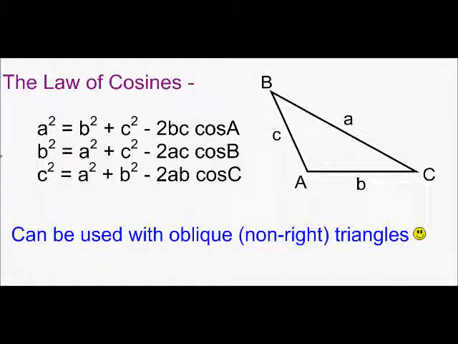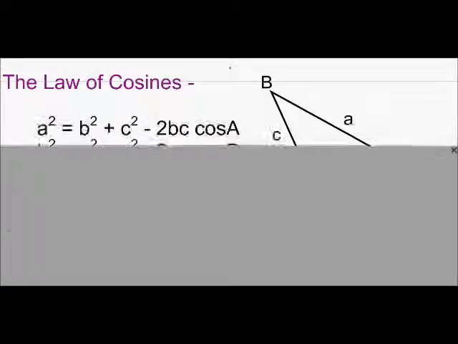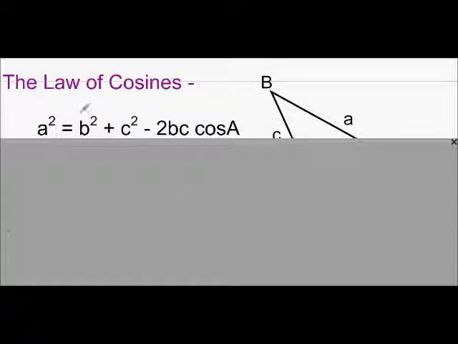The law of cosines. So this is longer. You can see there are 3 parts to the law of cosines. And let's just look at the first part first so you're not too overwhelmed. Okay, so we have a squared, so that's one side squared, equals b squared plus c squared. That's the sum of the other 2 sides squared, minus 2bc cosine A. And I like to think of this as every letter is appearing twice.